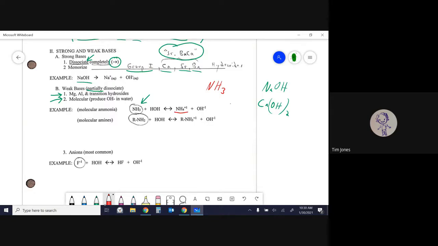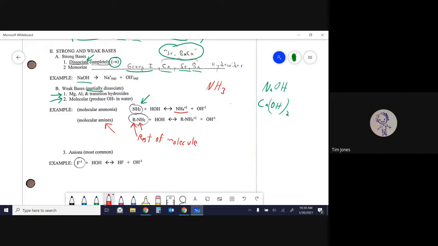Another group, and this goes to organic chemistry, are called amines. I've heard it pronounced two different ways, so I guess it depends on who you're talking to. These are organic molecules that have a nitrogen component, or an amine component. R refers to the rest of the molecule, and that would be some sort of hydrocarbon.